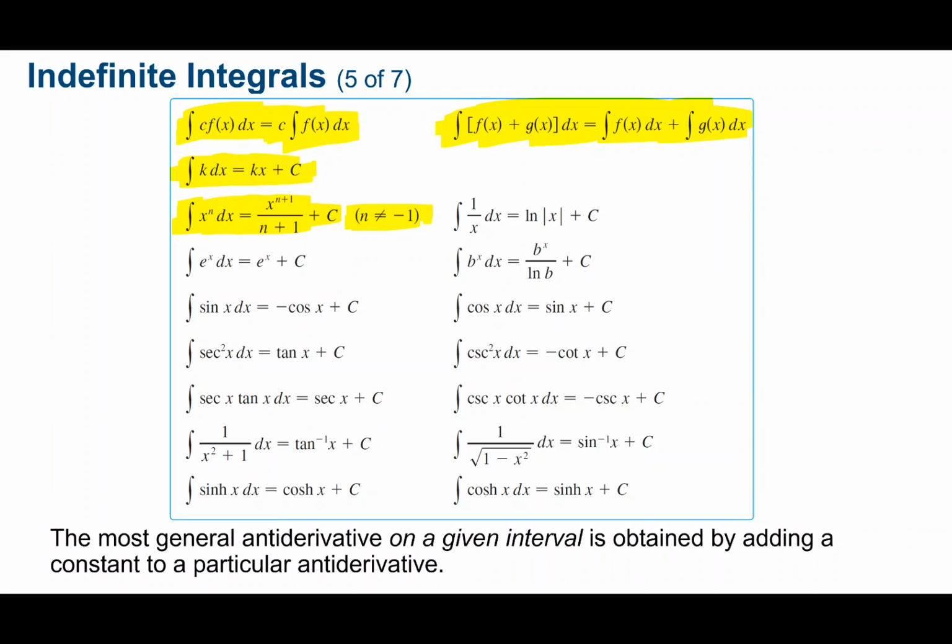All right, why can n not be -1? Yeah, because then we'd be trying to divide by 0. That would be undefined, so we wouldn't get an antiderivative. So in the case we've got x to the -1, that's really 1 over x. So that's its own special case. Okay. We want an antiderivative of 1 over x, or x to the -1.